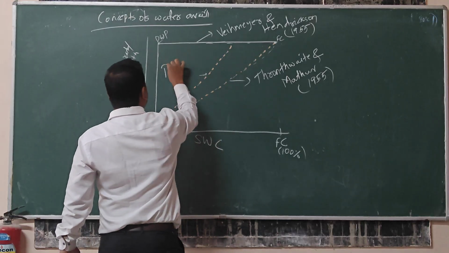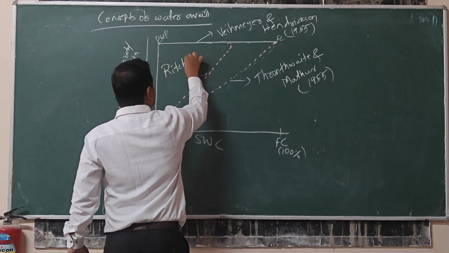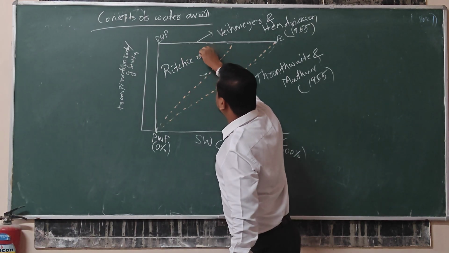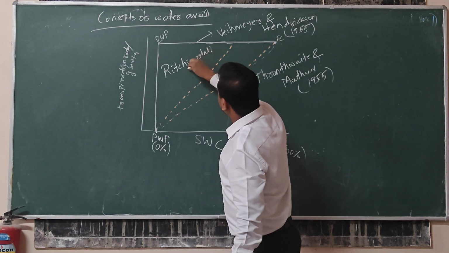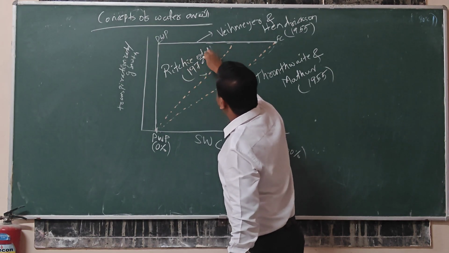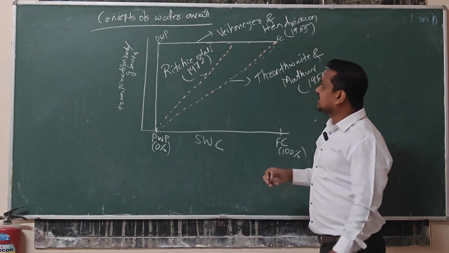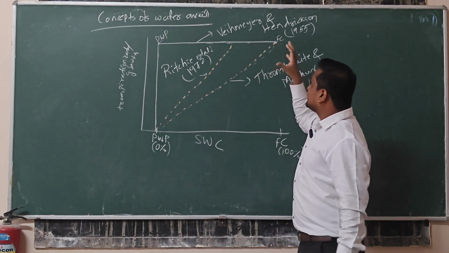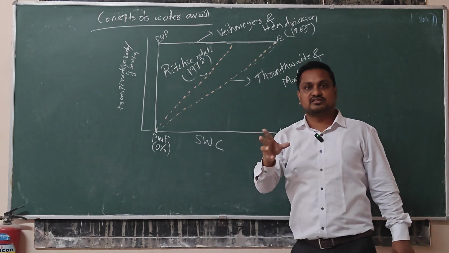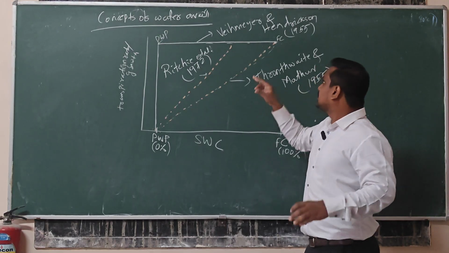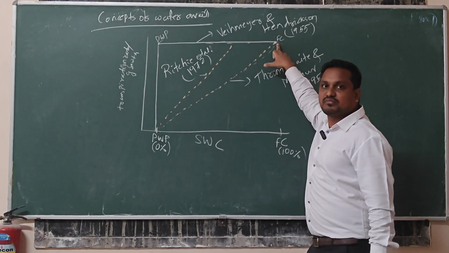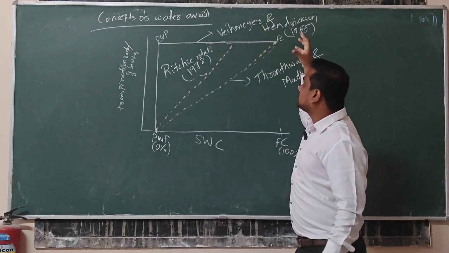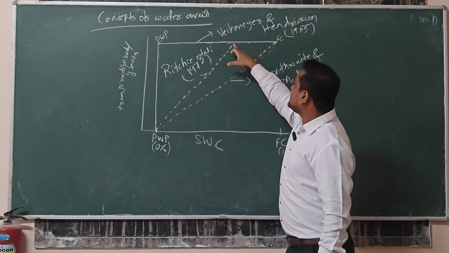Then another school of thought came from Ritchie, in a paper published in 1972. They hypothesized that if you apply some suction from field capacity, there will be no difference in available water capacity up to a certain point.